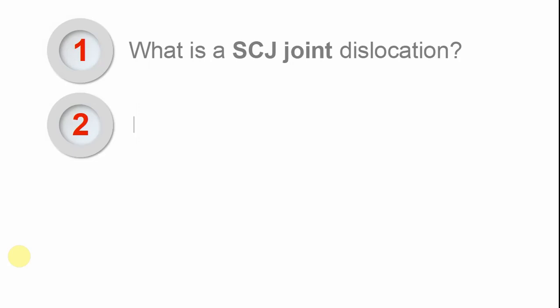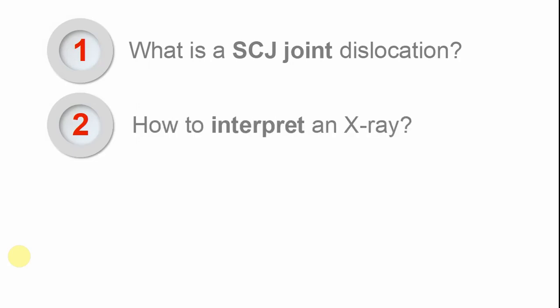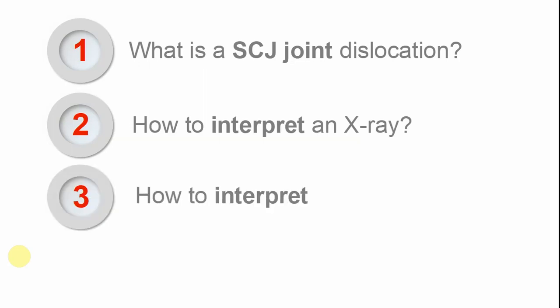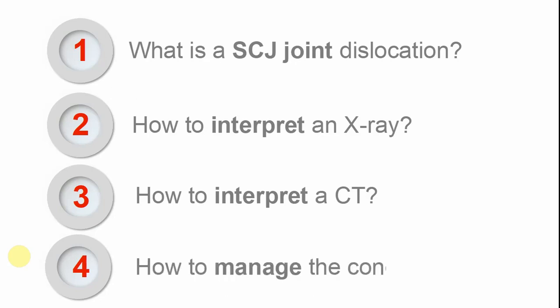Next we are going to talk about the specific x-rays, special views like the serendipity view, and then also the CT scan, which may be the gold standard investigation tool. As a physician or a doctor, our job does not finish at the diagnosis, so we'll go through the management options as well.